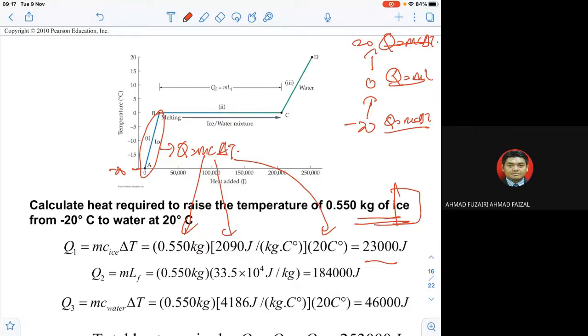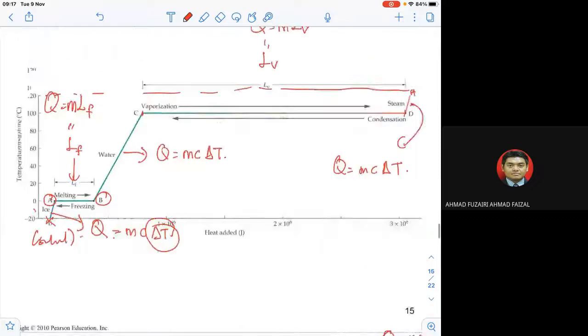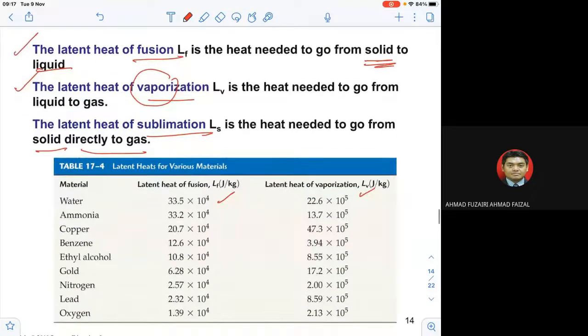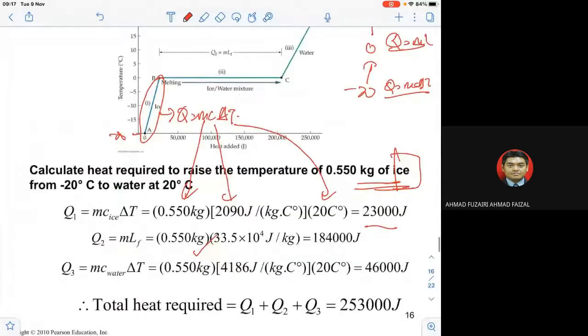You need to use 0.55 times the latent heat of fusion of water, 33.5, which is equivalent to 184,000 joules, 184 kilojoules.